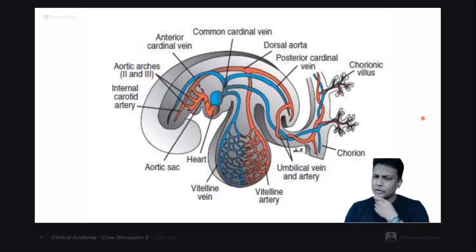Then we discussed the lower radial nerve lesions, like the posterior interosseous nerve. In every clinical session, I pick one anatomical region. We are done with the abdomen region in the inguinal canal, and in the last class with the upper limb.